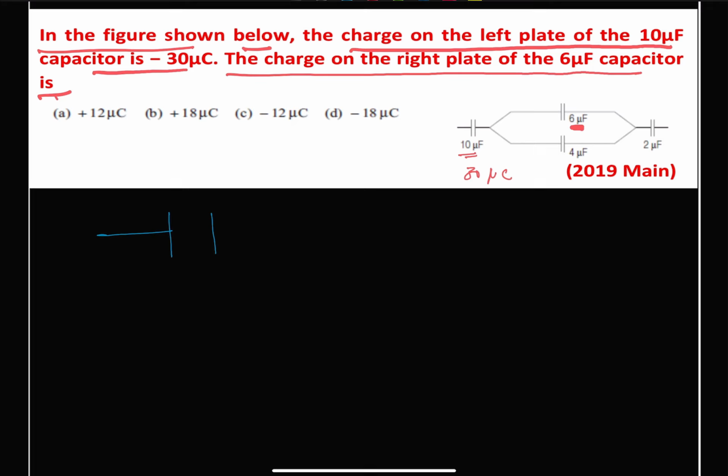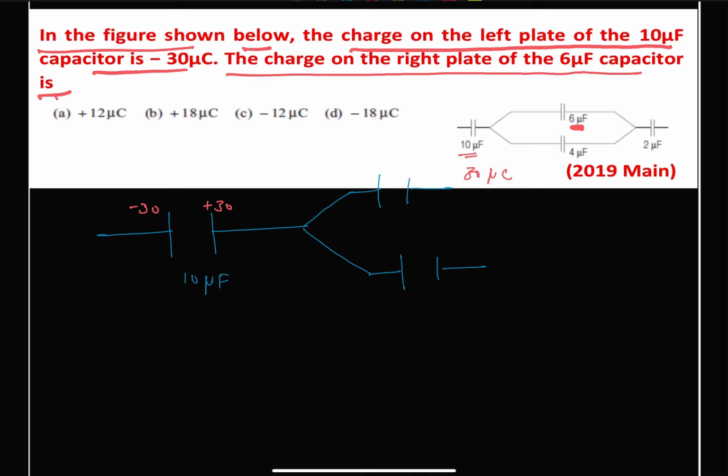So this is our 10 microfarad, and there are two capacitances, here we have our 6 microfarad and the other one is our 4 microfarad, and the charge on the left is given as minus 30. So obviously on the right it has to be the same but with the opposite sign.